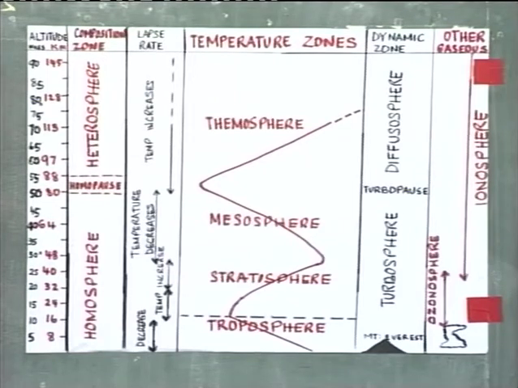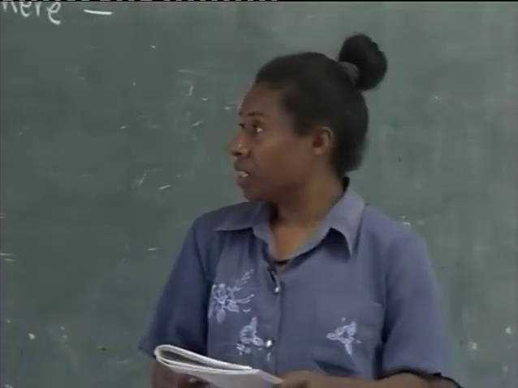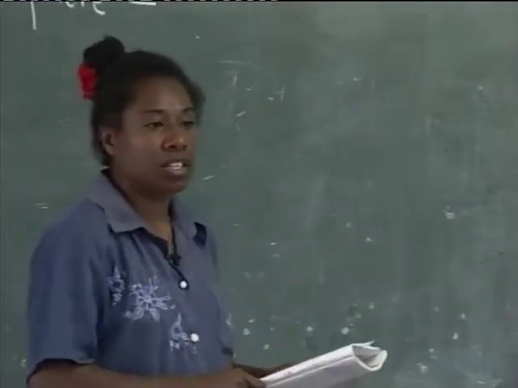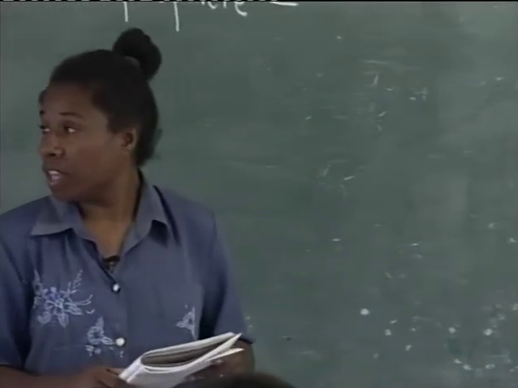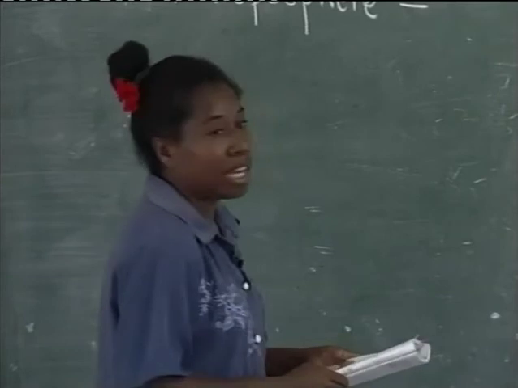Okay, we'll discuss this together now and come up with some of the features and characteristics of the different layers of the atmosphere. We'll look at the first one, the troposphere. We'll start from the front, Val. What was the range after your discussion that you came up with for the height of the troposphere, which is the first layer of the atmosphere?